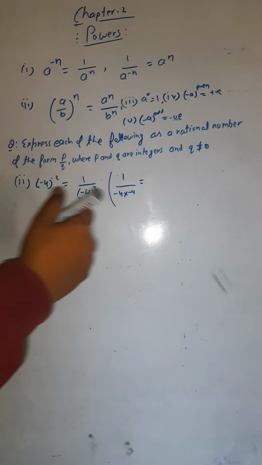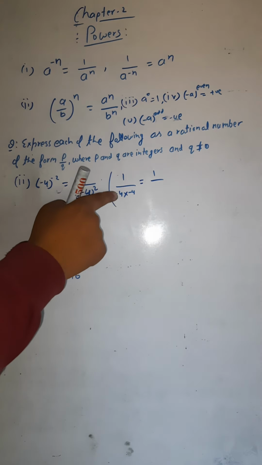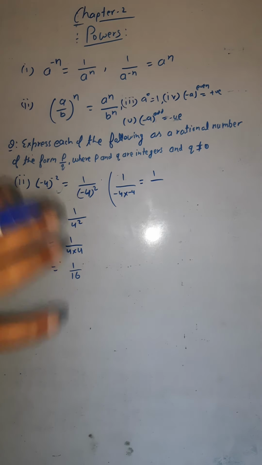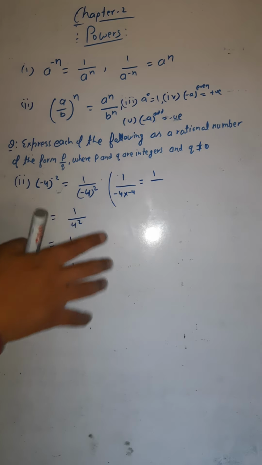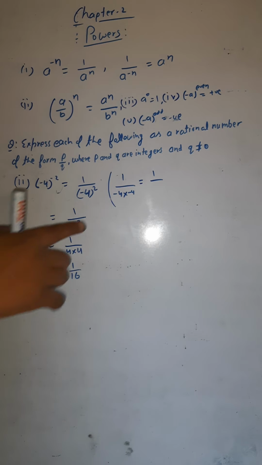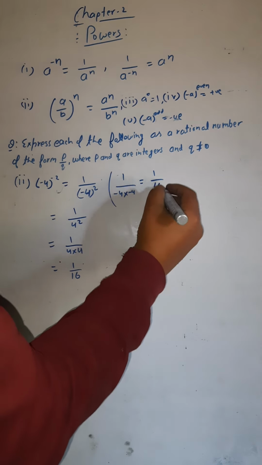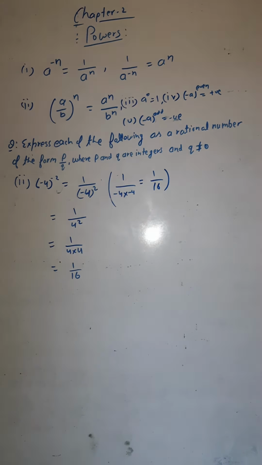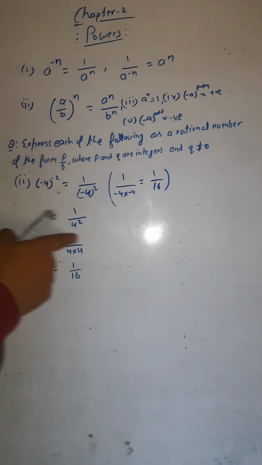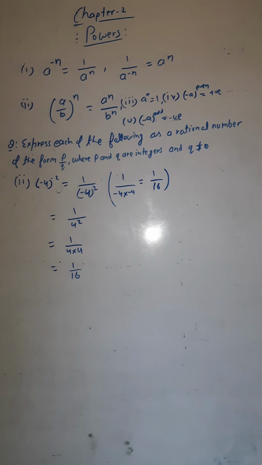Now minus multiply minus always becomes positive, as we have already discussed while discussing integers. So the answer would be 4 fours are 16. That is what we are getting here also. So whether you do it this way or that way, the answer would be the same. Are you getting this? Just note it down.